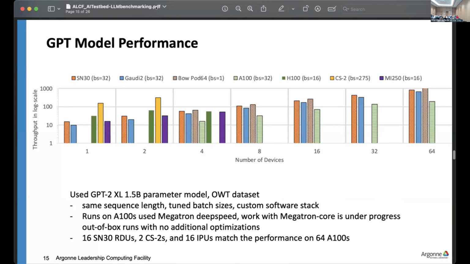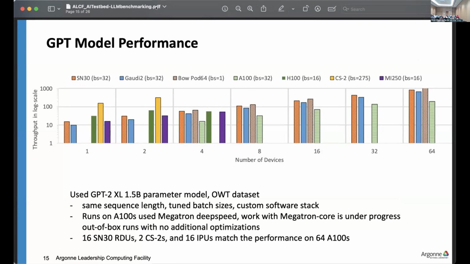Here is the plot looking at the GPT model performance with the OWT dataset. For this study, we used the same sequence length, but the batch sizes were tuned based on the number of devices that we are running. The software stack is custom built for each system. For example, Cerebras has its own software stack to run the model, and SambaNova uses SambaFlow.